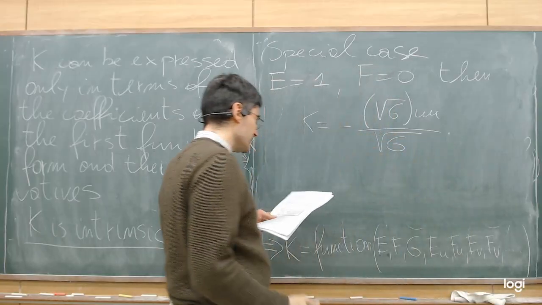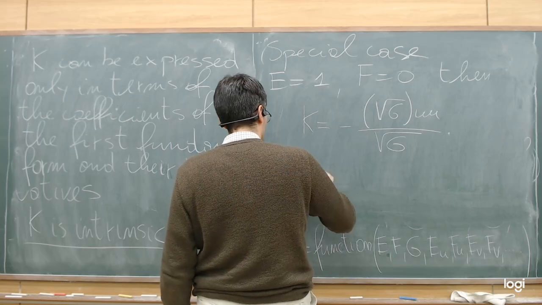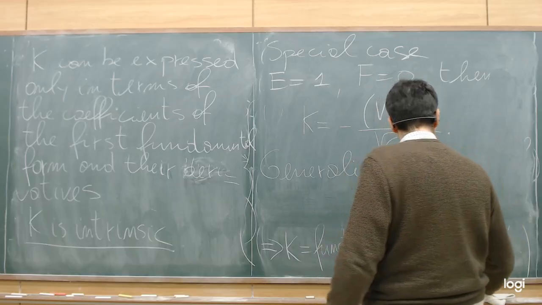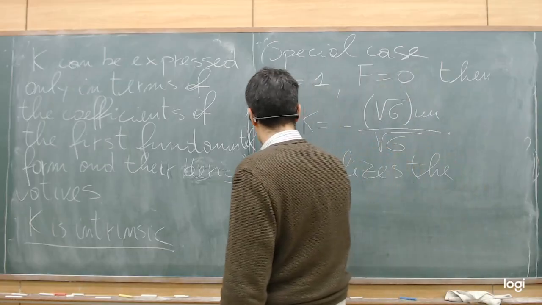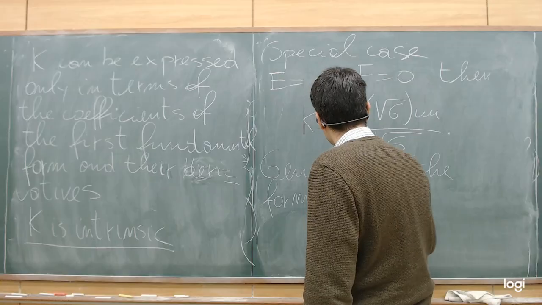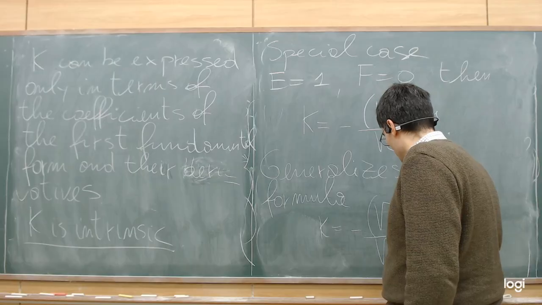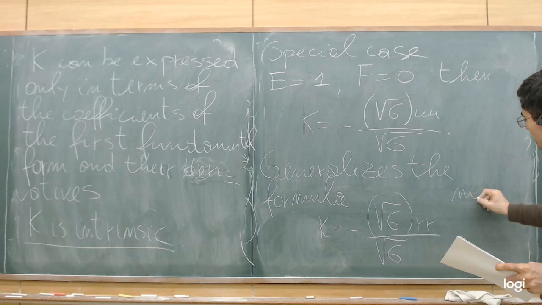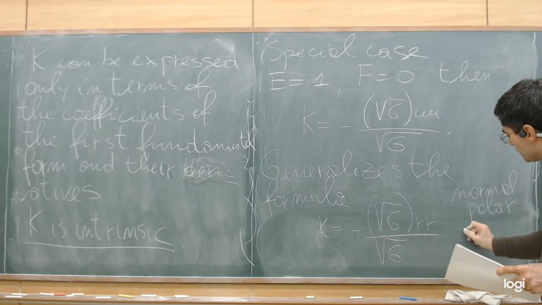This result is interesting because this generalizes the formula K equal minus square root of G rr over square root of G that we saw when we worked with the normal polar coordinates.